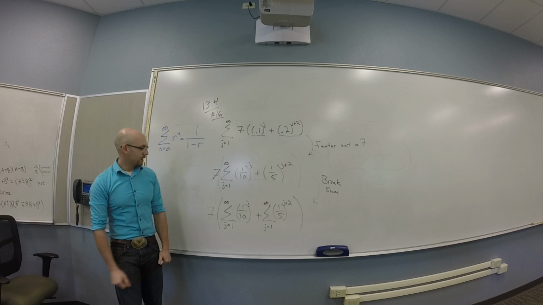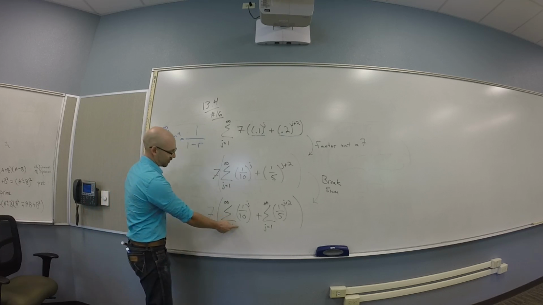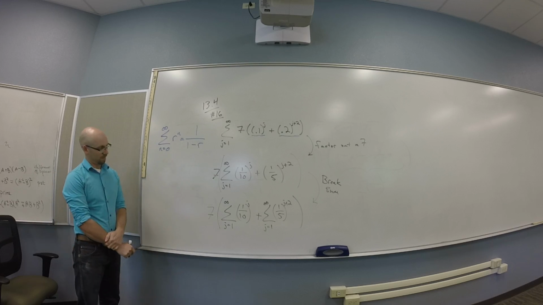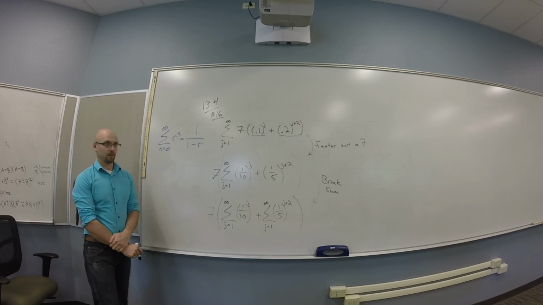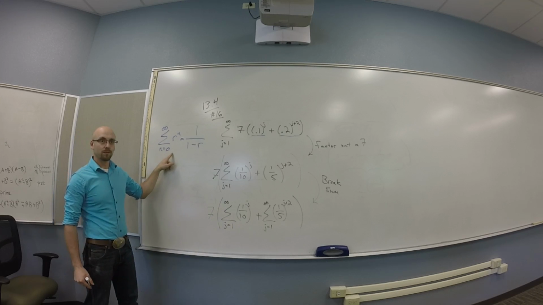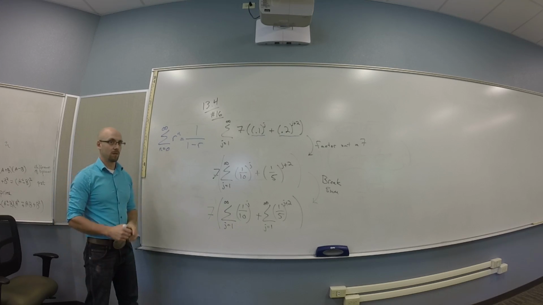Now I might think to myself, what's the difference between this first sum and my sum formula? This one starts at 1, this one starts at 0.